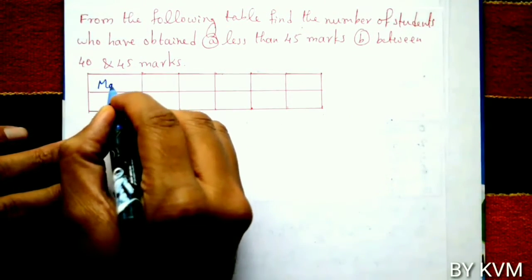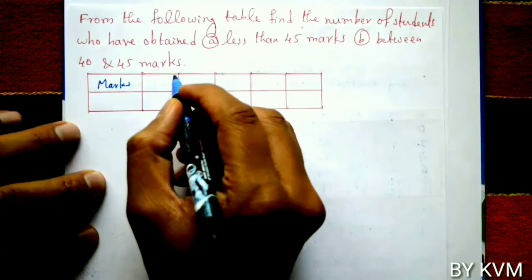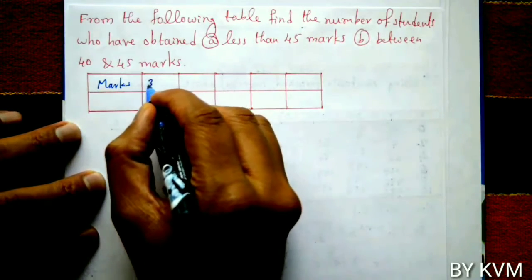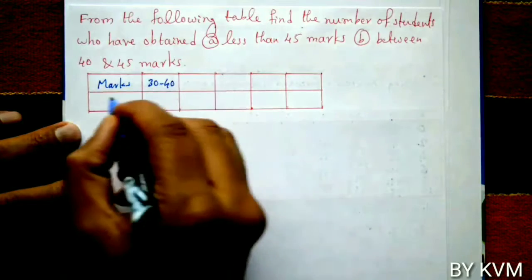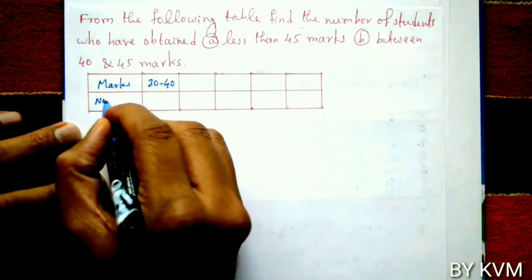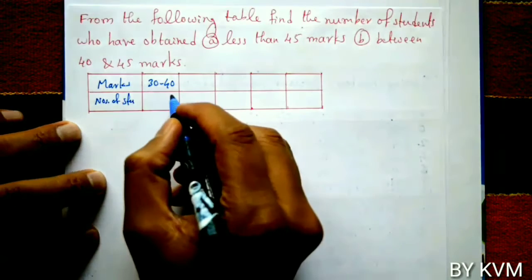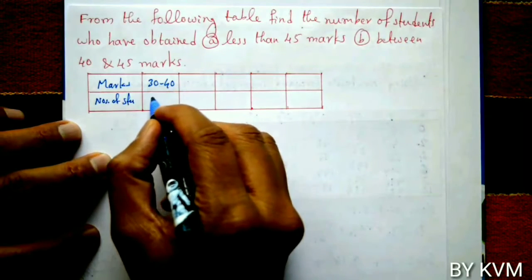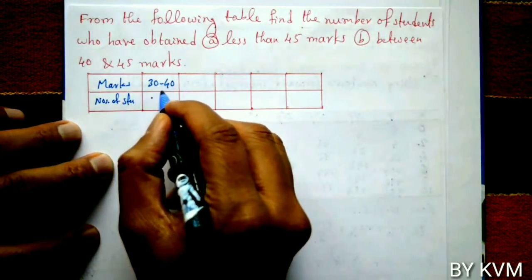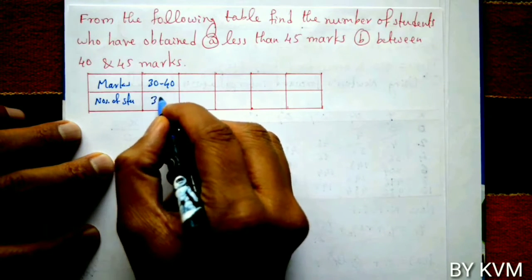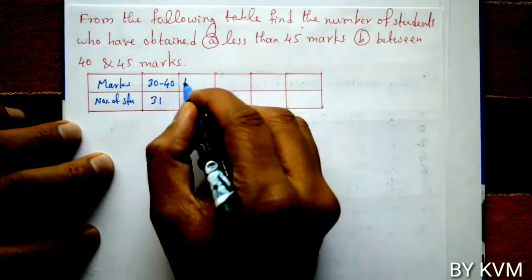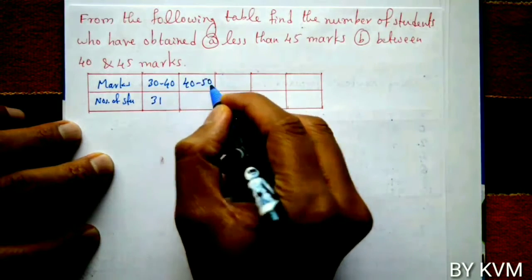So in the given data, the marks scored by the students are given in terms of intervals. So this problem is very important. Marks and number of students were given, and marks is given in terms of intervals. So between 30 and 40, the number of students is 31.